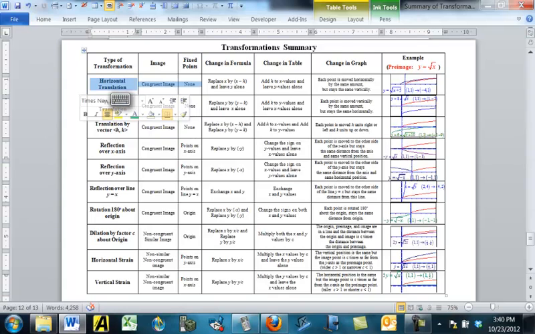Here it talks about the fixed points. There are no fixed points on any kind of translation, so none at all. Reflections, the points on the mirror line are fixed. So a reflection over the x-axis would fix those on the x-axis, and so forth. When you have a rotation or a dilation, the only fixed points are the center of the rotation or the center of the dilation, and in our case the only ones we're looking at are the ones at the origin.